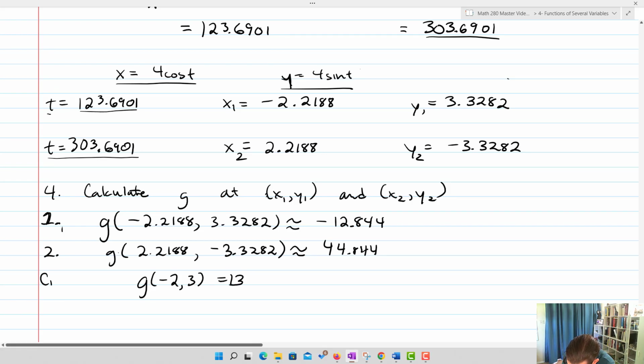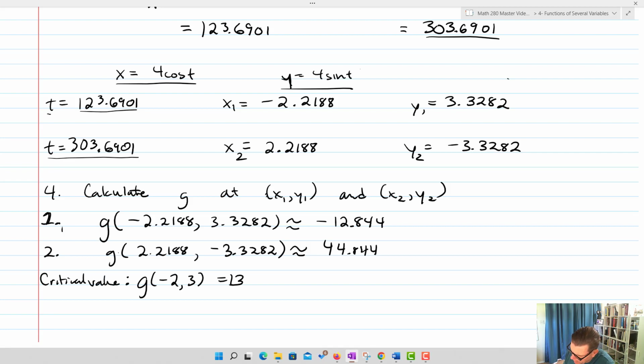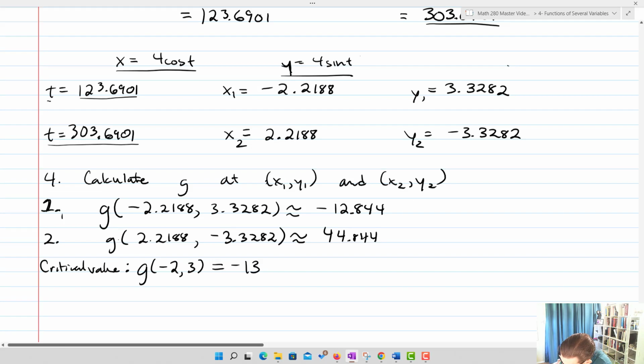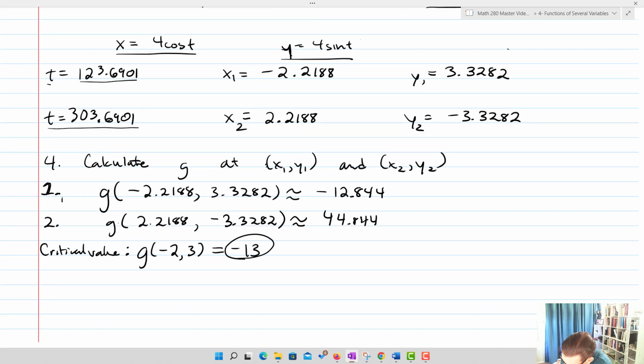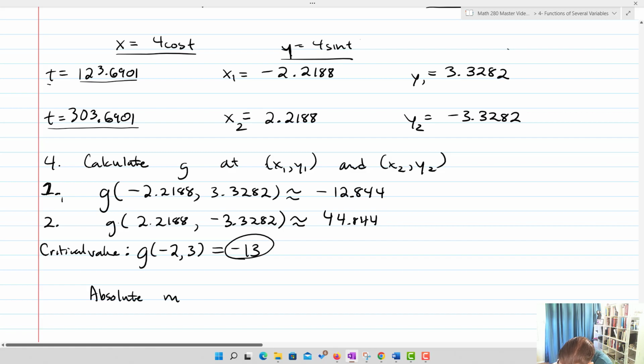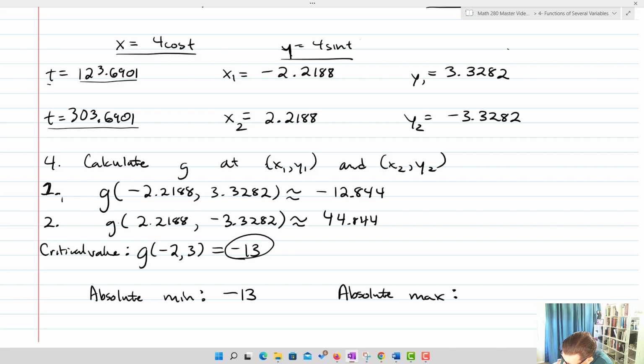That's my critical value. What I'm going to do now is just make a comparison. Notice negative 13 is the smallest, so my absolute min will be negative 13. And my absolute max is going to be 44.844, because that's the largest. And that's what we do.